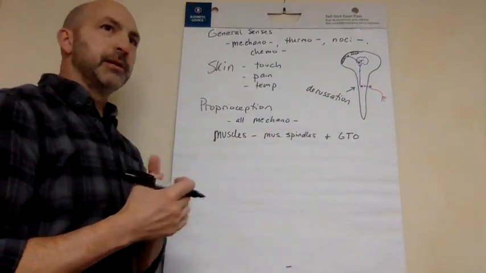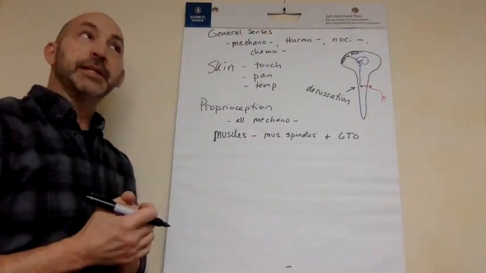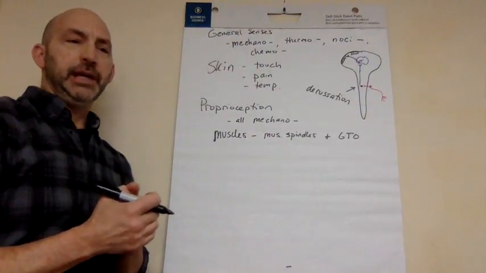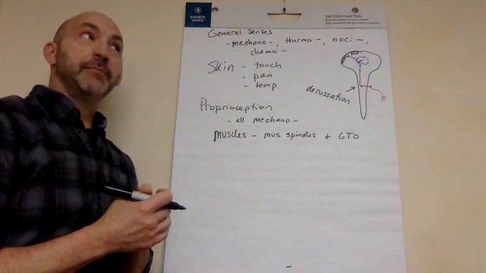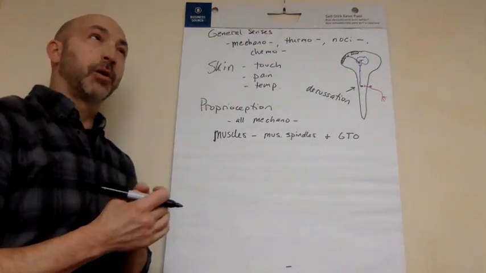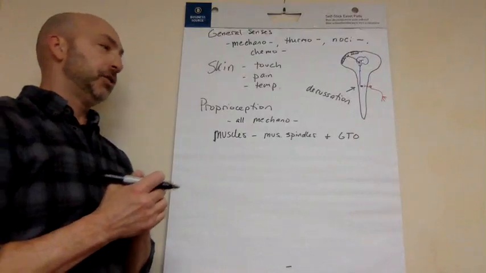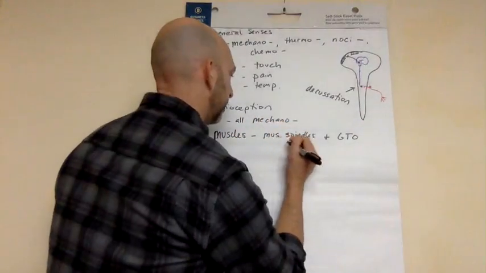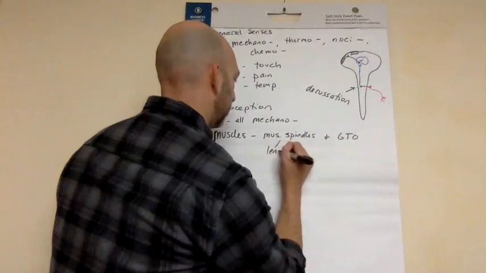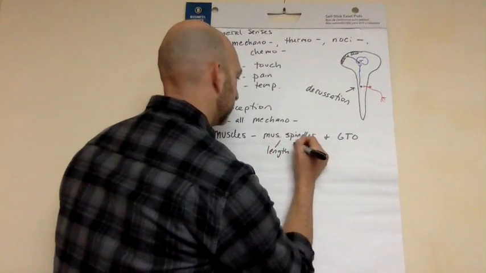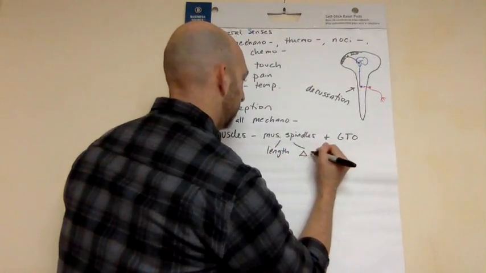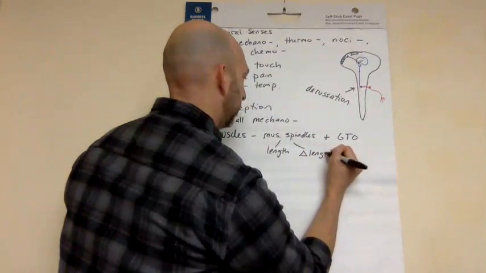But the muscle spindles detect length of the muscles. And even more dramatically, I guess, they sense change in length. I'm going to put length, delta length.